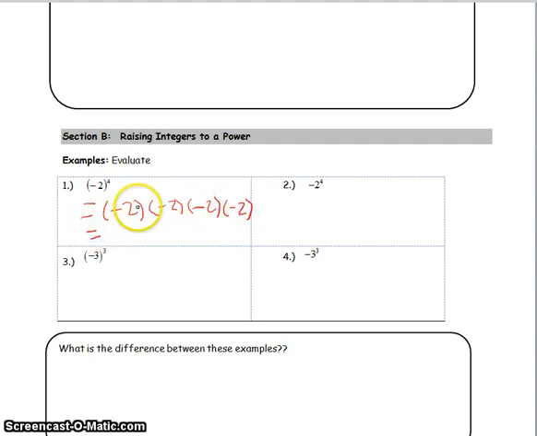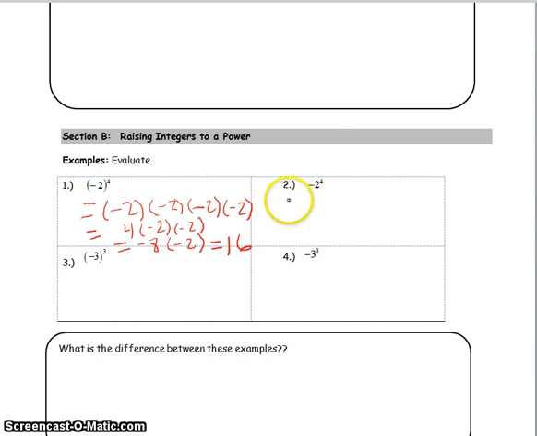Now negative 2 times negative 2 is a positive 4 times negative 2 times negative 2. Now we have 4 times negative 2, which would give us negative 8 times negative 2. A negative times a negative is positive, so our final answer here is positive 16.